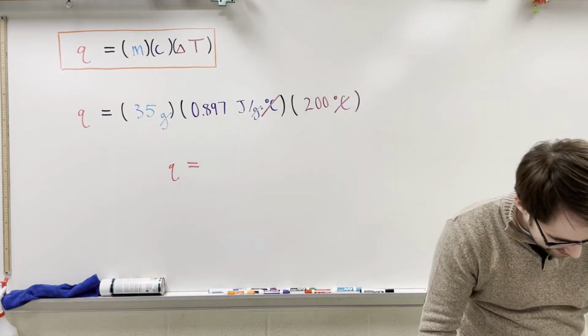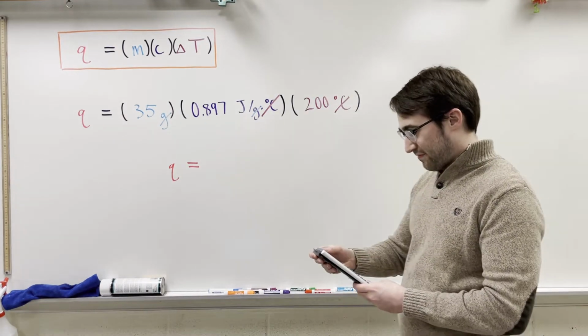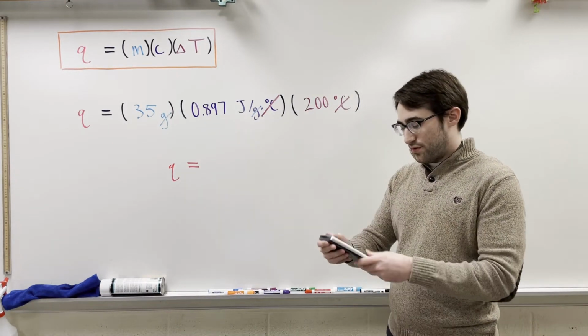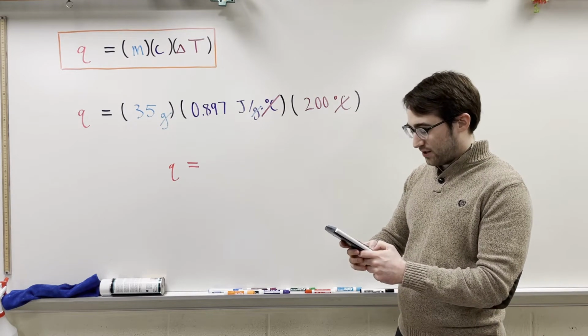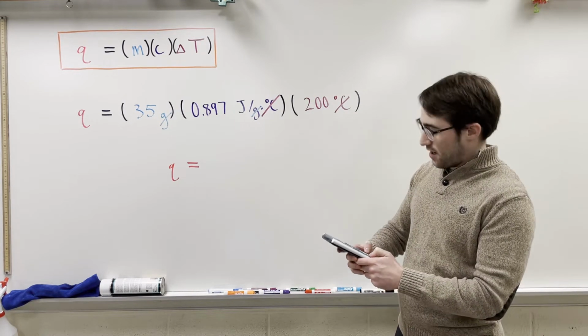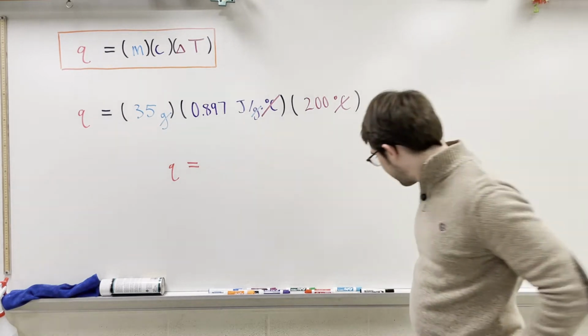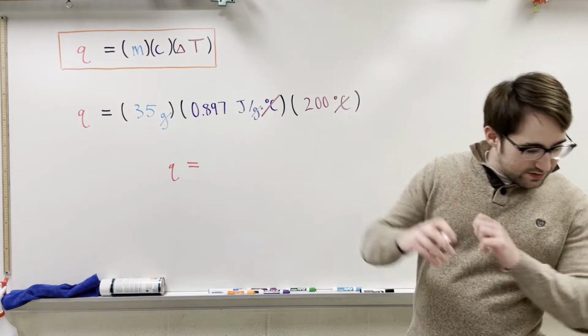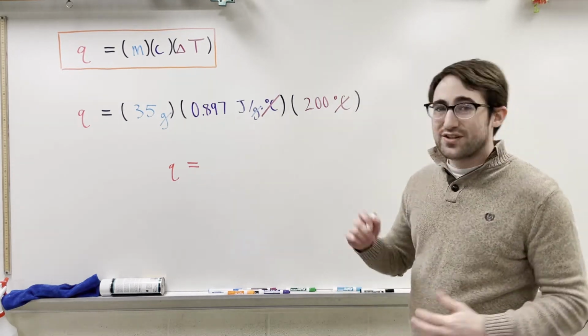So let me plug this into a calculator. So 35 times 0.897 times 200 gets me 6,279 joules of heat.